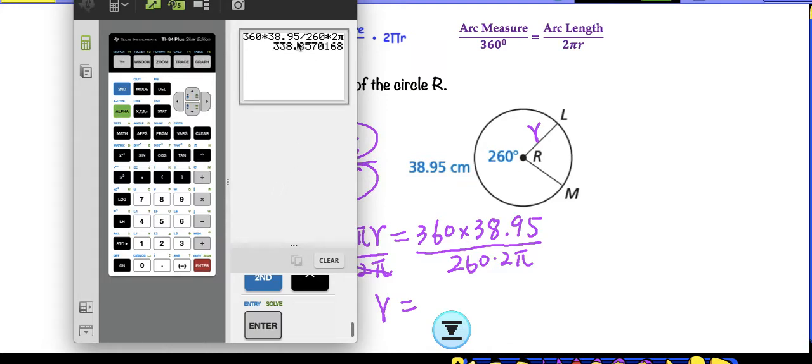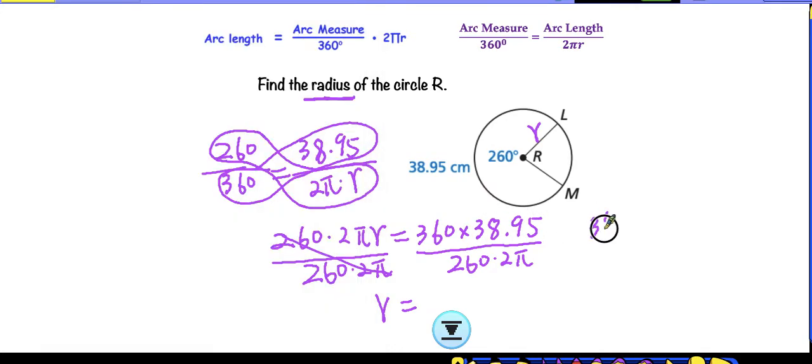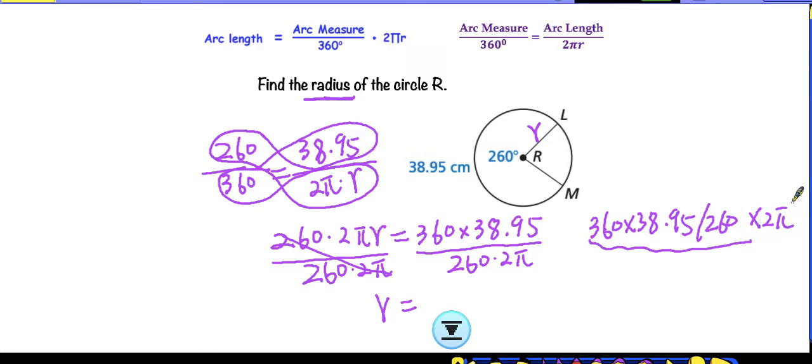Once you put this in, the calculator does the multiplication first, then divides by 260. But once you start times 2 pi, it will finish this part first, then whatever the answer is, it will times 2 pi. So that's why this is totally the wrong way to put it in the calculator.